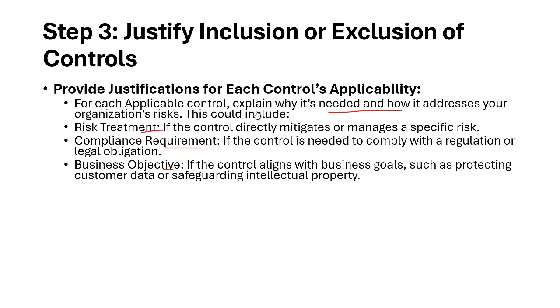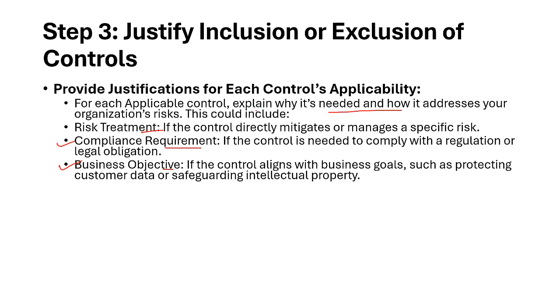In ISO 27001:2022, annexure controls are not only selected based on the risk treatment, we also consider other factors. Might be this control does not address the risk, but this control is required because it's a legal and compliance requirement. This control is not directly related to the risk, but this control is a requirement of a business objective. Let's say, for example, we have intellectual property.